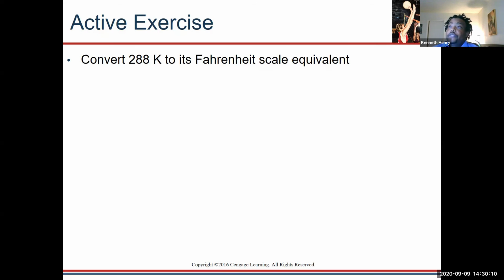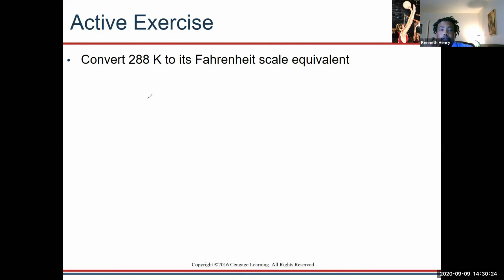Okay, so convert 288 Kelvin to the Fahrenheit scale. So my TK is going to equal 288. How am I going to convert that to Fahrenheit? Convert to Celsius first and then go from there.